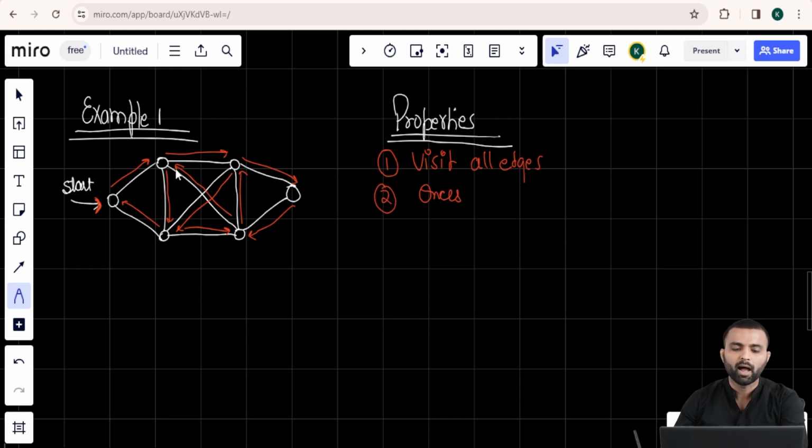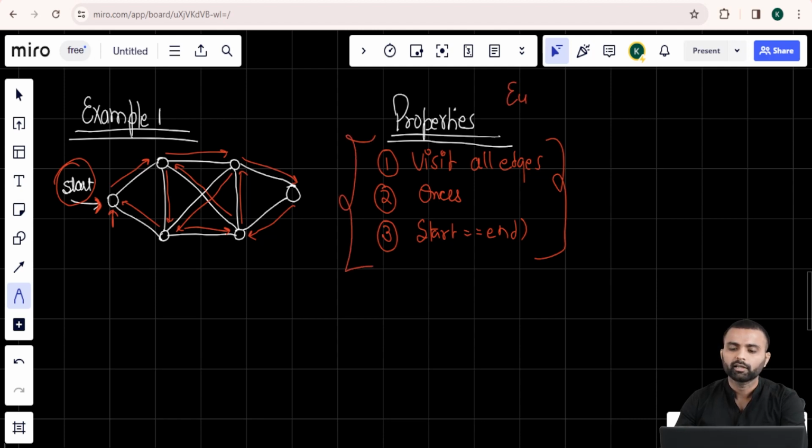If you see my direction, we are visiting each only one time. Third, and the most important, where I start now should also be where I end. Here my start is this and my ending is also this. So these are the three properties of an Eulerian circuit. Hope you understand till now.